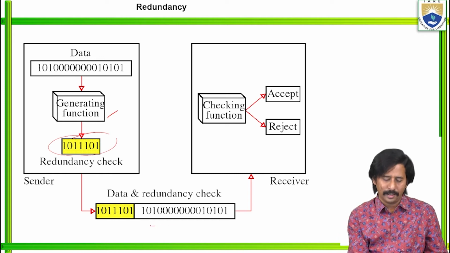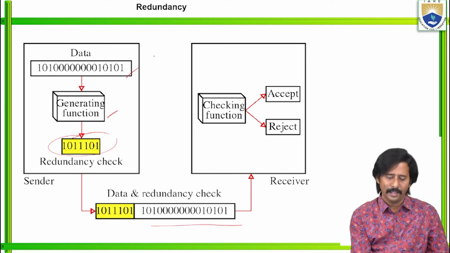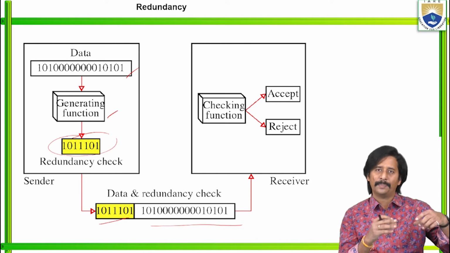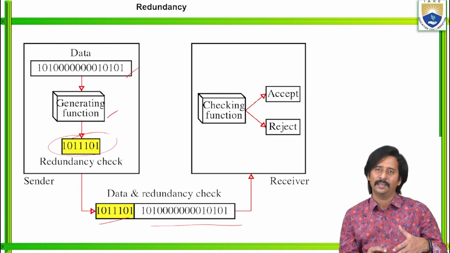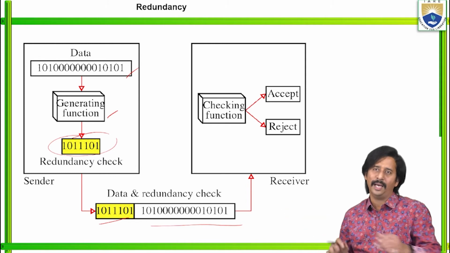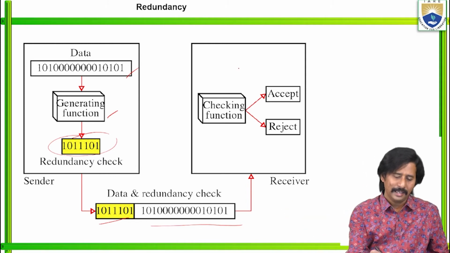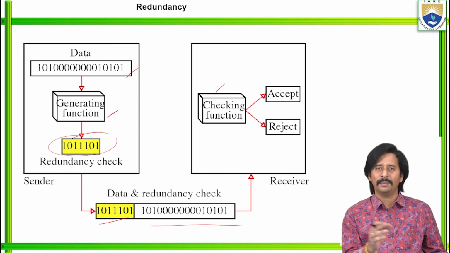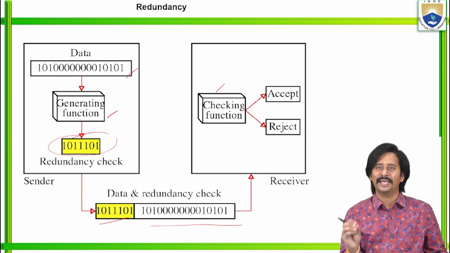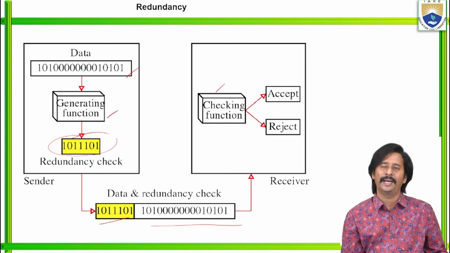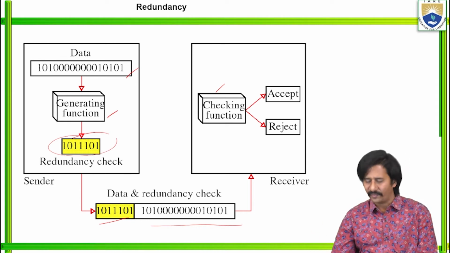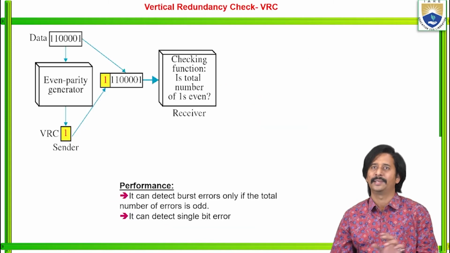So this is the original data and this is the redundancy check. That data and redundancy check are transmitted in the form of frames to the receiver. Then the checking function examines the data as well as the redundancy check, and it may be either accepted or rejected, depending upon the type of frames the receiver node receives.